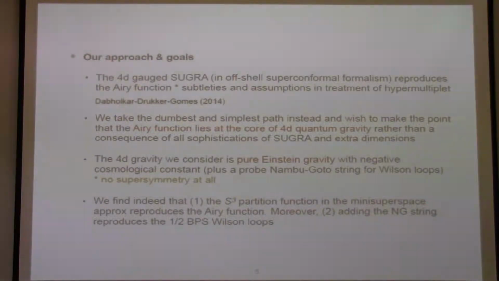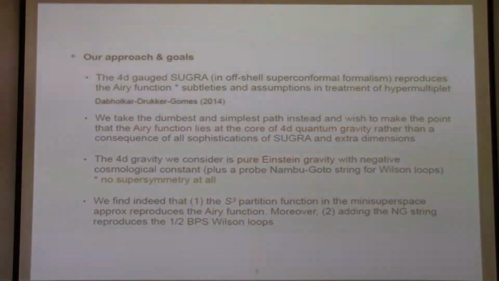By this, I mean that the theory I consider is just pure Einstein gravity with negative cosmological constant. And for the Wilson loop, I add a probe Nambu-Goto string, but that's it. So I have no supersymmetry at all. It's the simplest setting to check the result of ABJM.